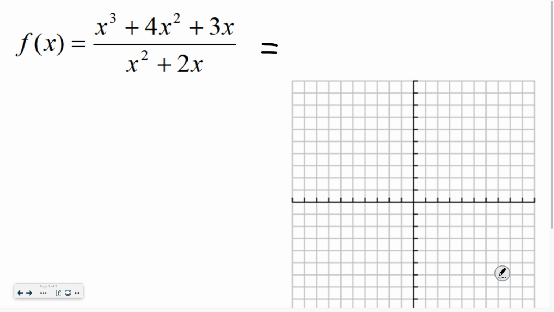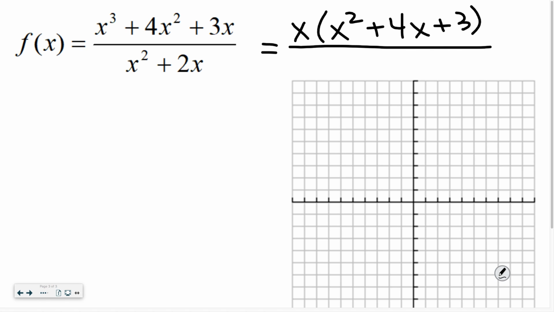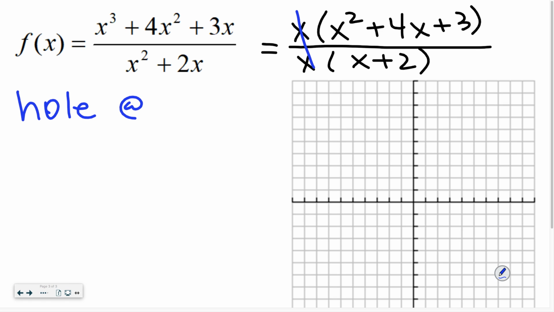Okay, in our numerator, what can we do? We can factor out an x. And in our denominator, we can factor out an x. Okay, so good reminder for your quiz.